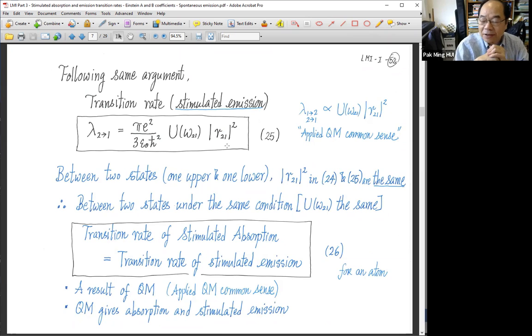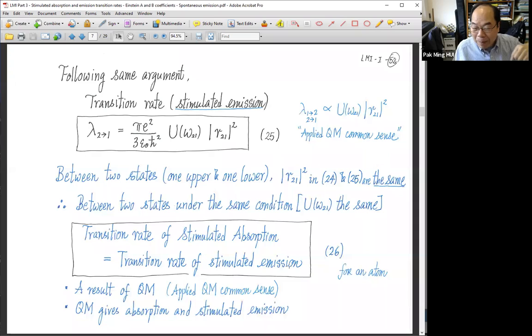So let us summarize. Using our time-dependent perturbation theory, we already got this very insightful result. Given the same condition, that is to say, you have two levels, you have a collection of atoms, some atoms may be up there, some atoms may be down there, and then under the same intensity of light, you have this transition rate of absorption being the same as the transition rate for stimulated emission. Now take this answer with you.